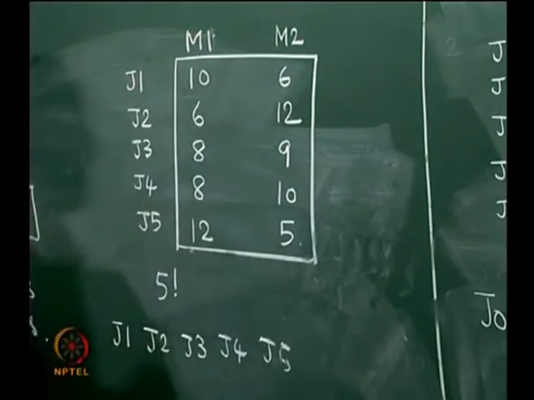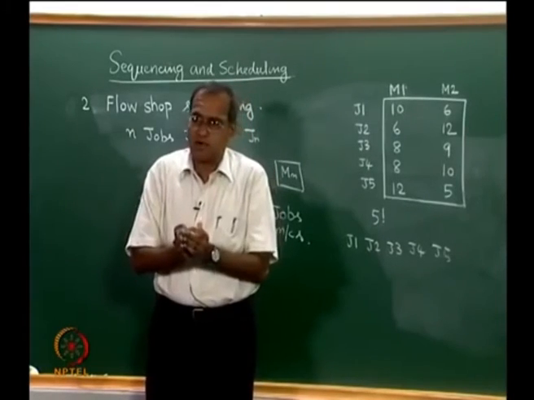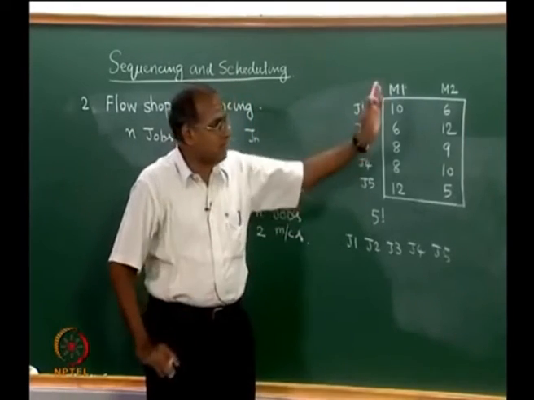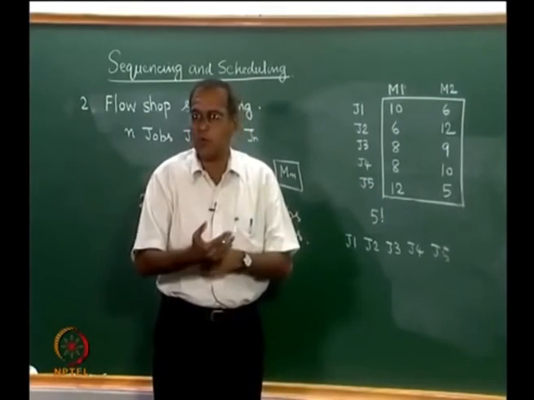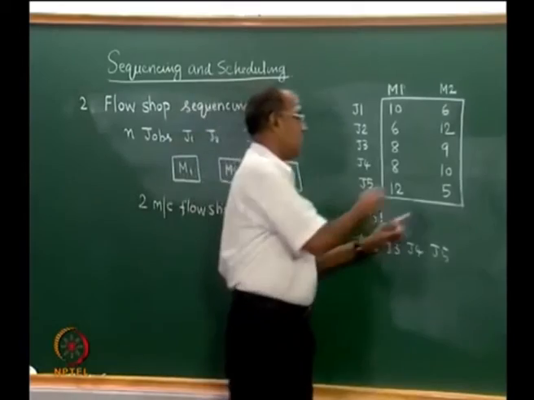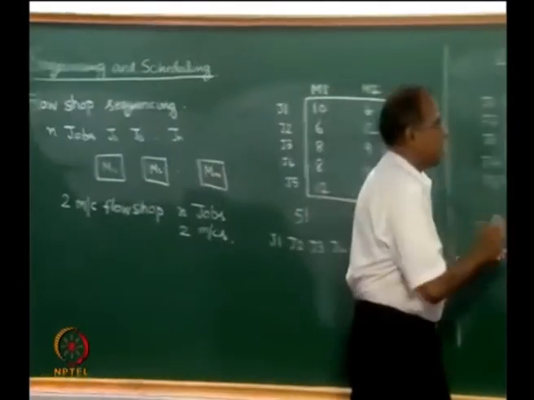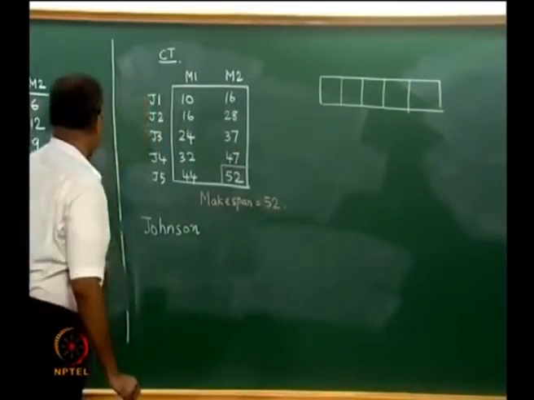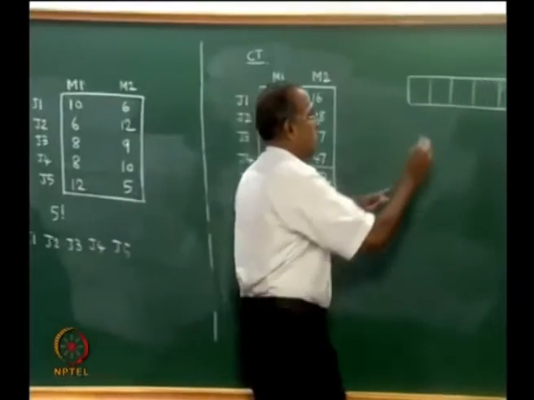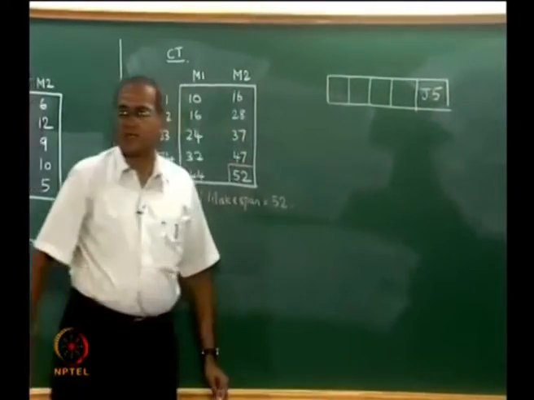The rule says, if the smallest number is on M1, then come from the left, and if the smallest number is on M2, come from the right. So, since the smallest number, 5, is on M2, we come from the right in this table, and since that happens for J5, we write J5 here as the last job.